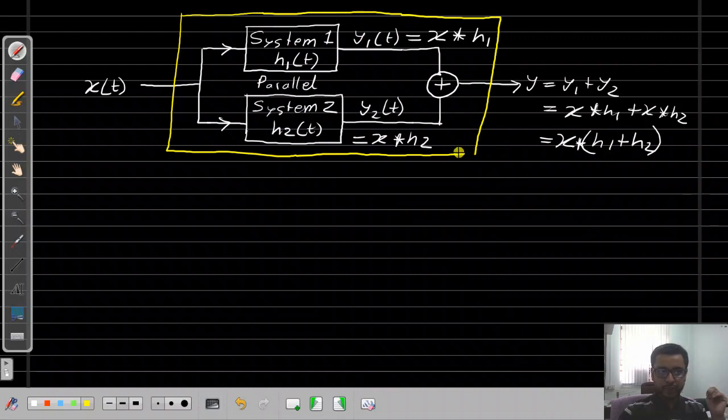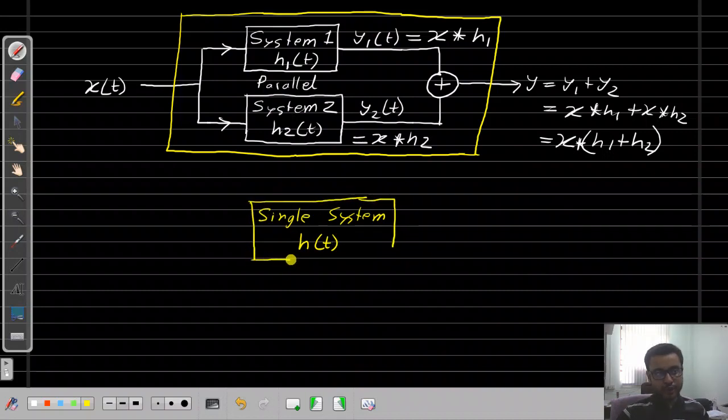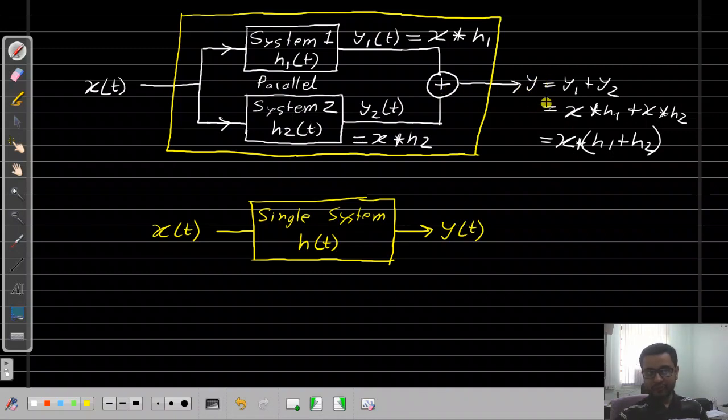Suppose you want to replace these two generators by one single generator or single system, whose impulse response is Ht, and you want to do it in such a way so that when you replace these two systems by one system, and if you give same input xt, then you should get same output yt as before, as the effect of two systems.